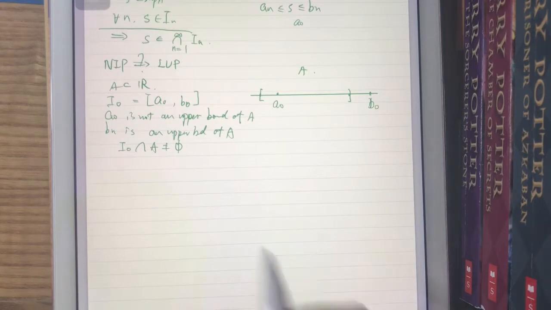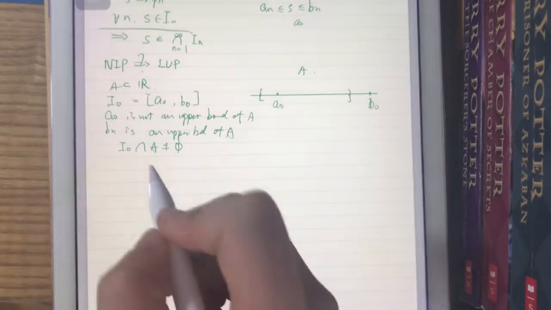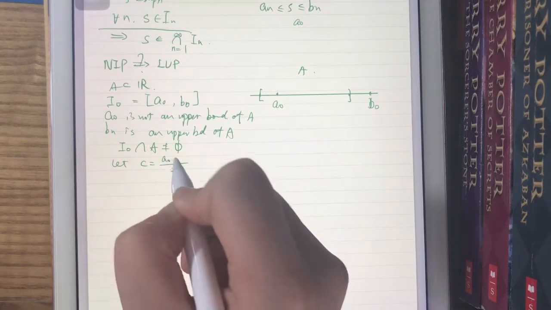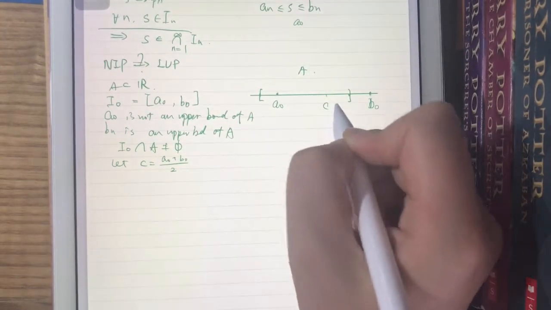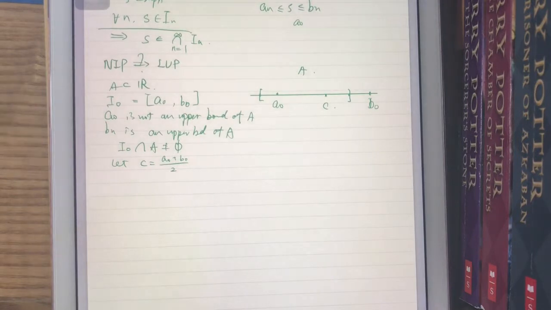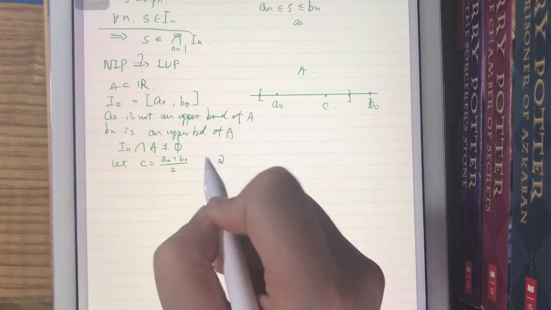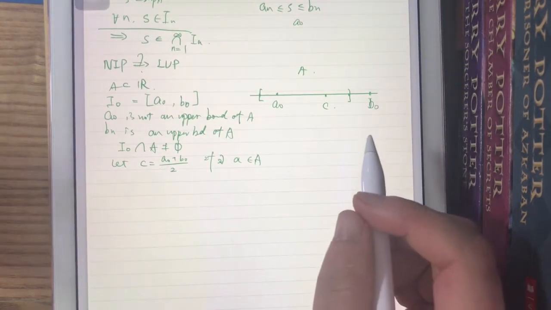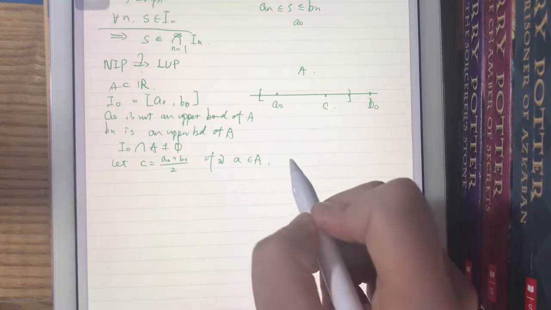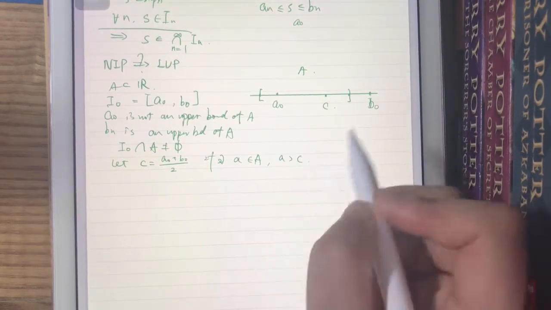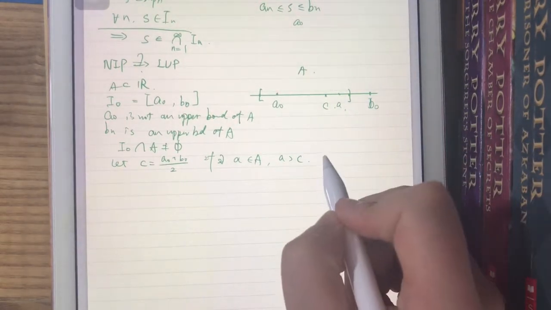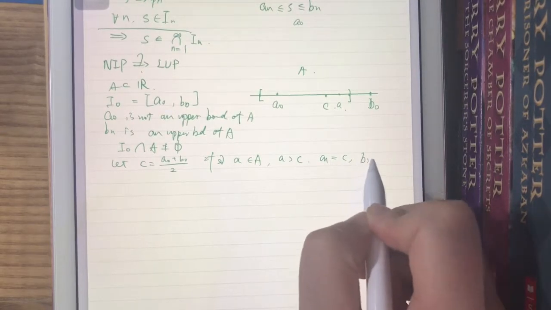Okay. Let's see how we're gonna find I1. Well, let's first take C to be the middle point of A naught and B naught. Say it is here, and we check if there exists some element of A that is in this part. Well, if there is some point of A here, then we set A1 to be C and B1 to be B naught.